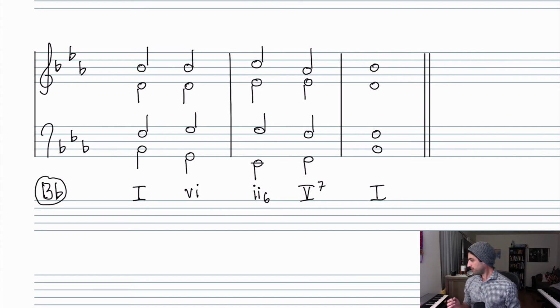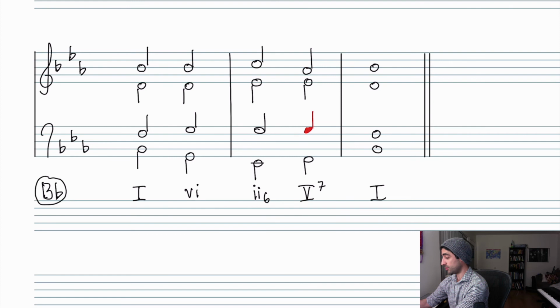So let's look for spots like this. For example, here's one. Here the tenor is moving down by a step into an interval of an octave with the bass, right? So let's add our suspension here. Instead of this being a half note, I'm going to hold on to a note. I'll do it in red, why not?